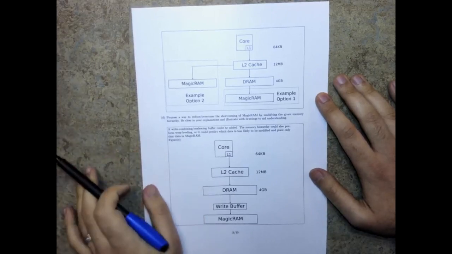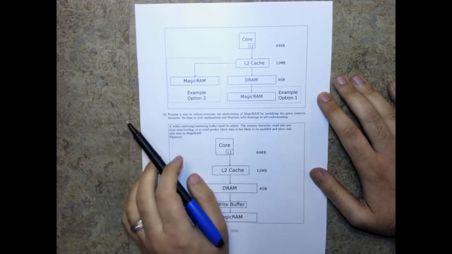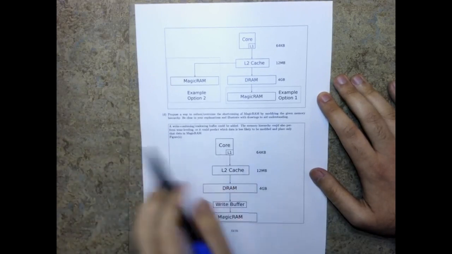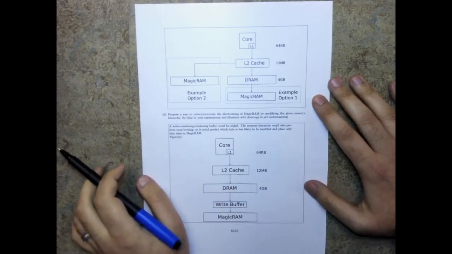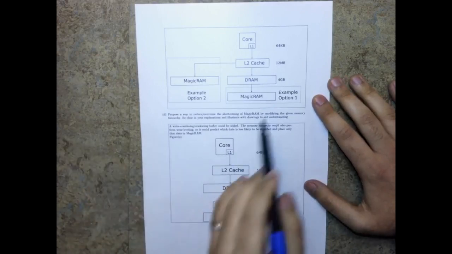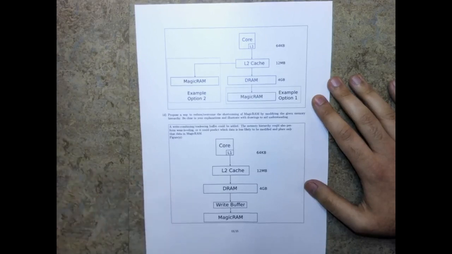And what can we do for reducing the overheads or mitigating that endurance problem? If we use DRAM as a cache for MagicRAM, DRAM filters some write accesses to MagicRAM, and it's good.